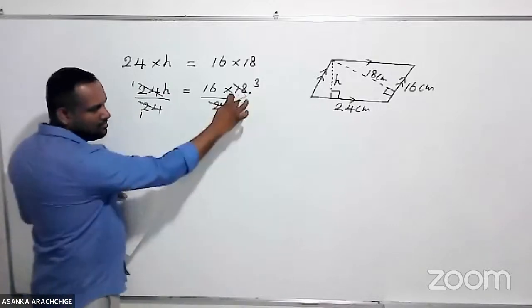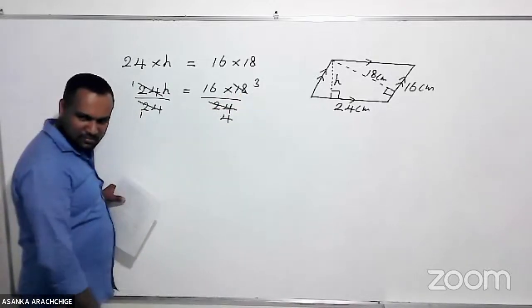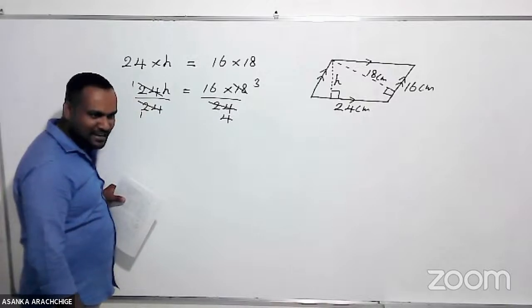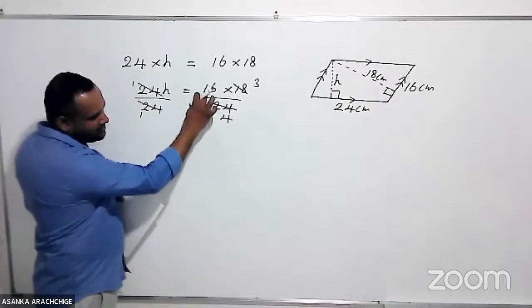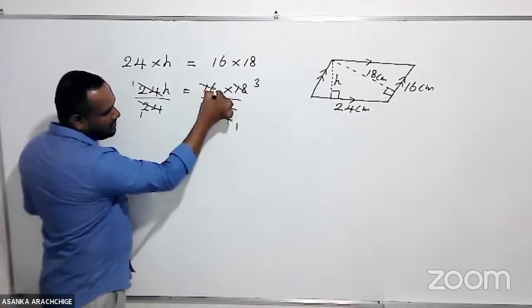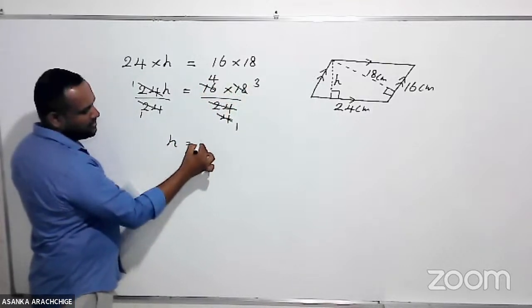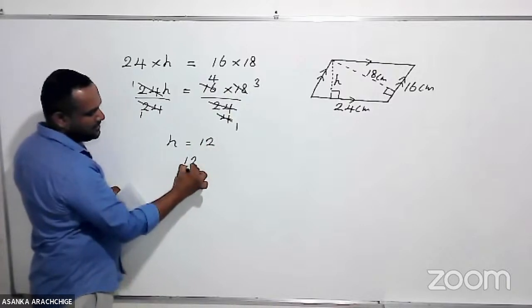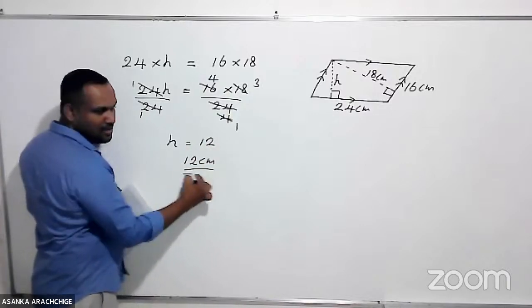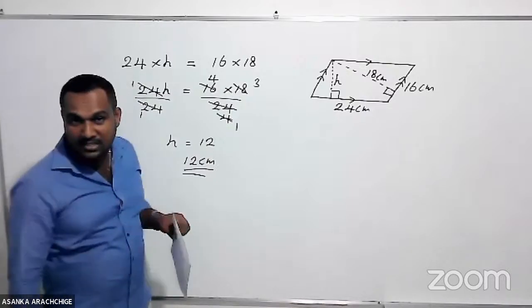I divide these two terms by 6 because 6 is a factor of them. So 4 times 1, 4 times 4, 3 times 4, h equals 12. Answer: 12 centimeters. Got it?